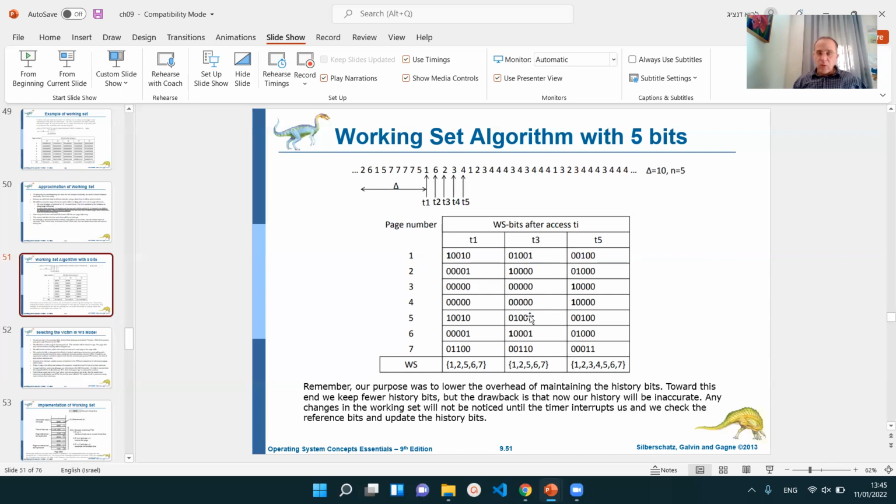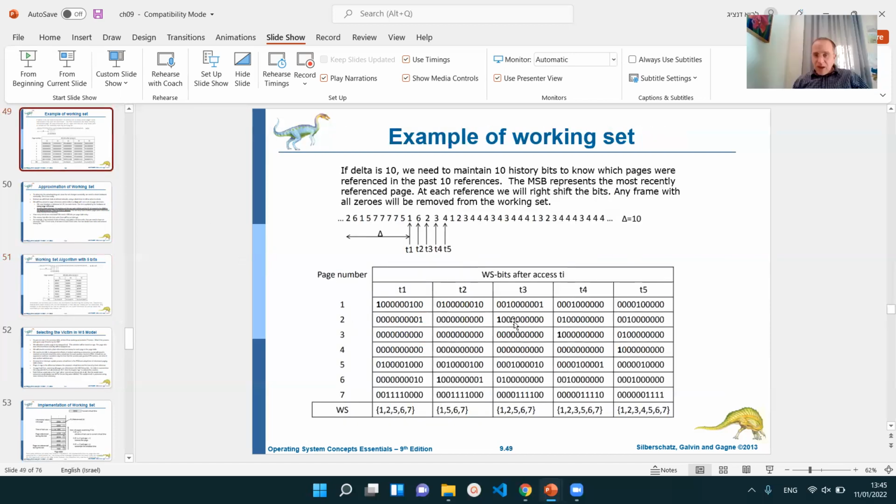I have no way of knowing which one is older. But if I look at this table, at the same time 3, I can check 5 and 6, and I can see that 6 is, wait a second, 6 is already gone. Oh no, 6 is from there.